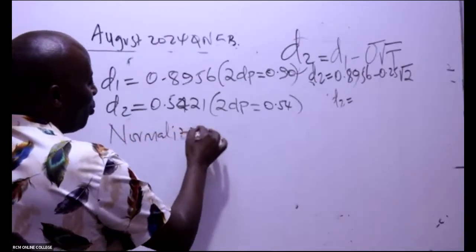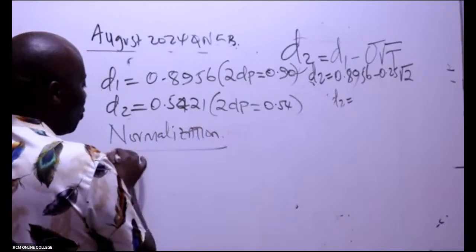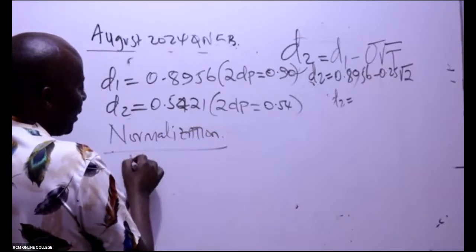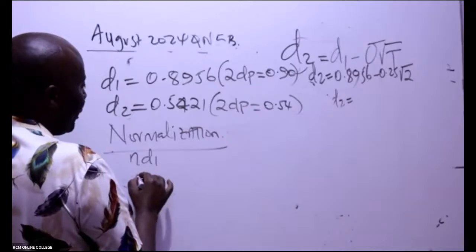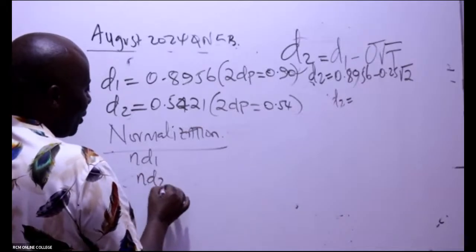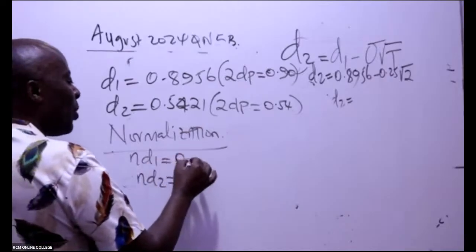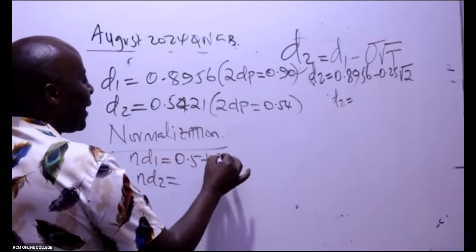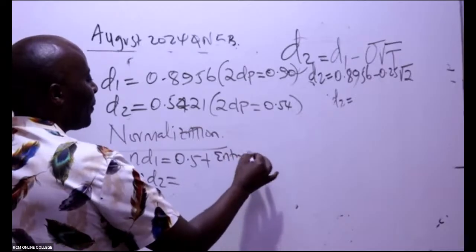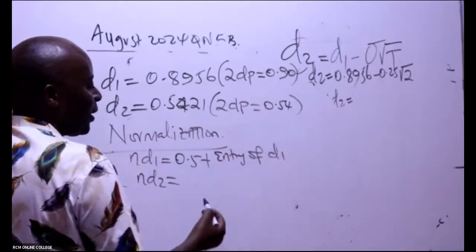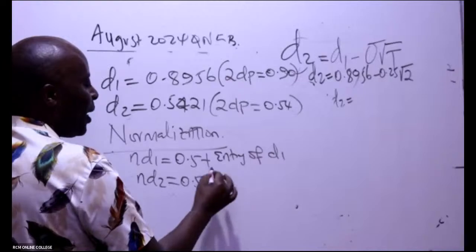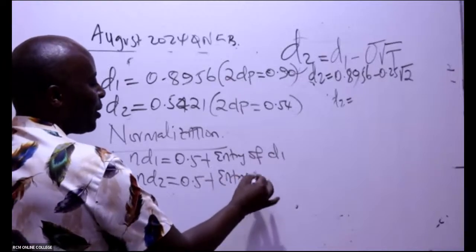Normalization now gives us what we call N(D1) and N(D2). So N(D1) will be 0.5 plus N3 of D1, and N(D2) will be 0.5 plus N3 of D2.